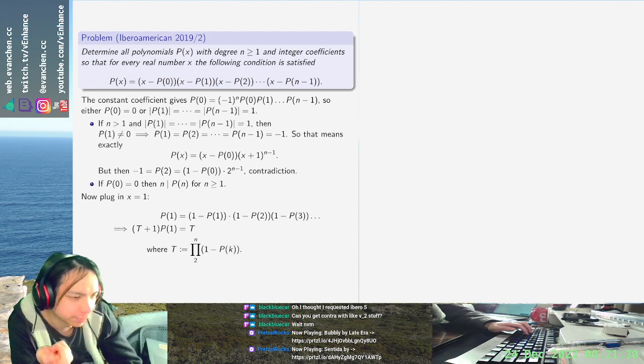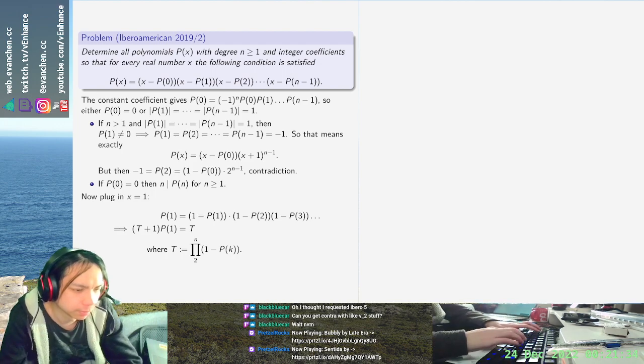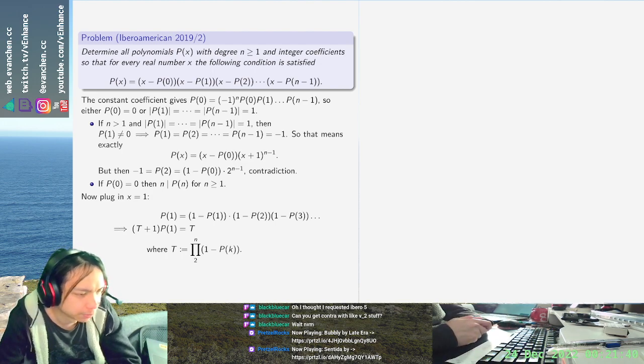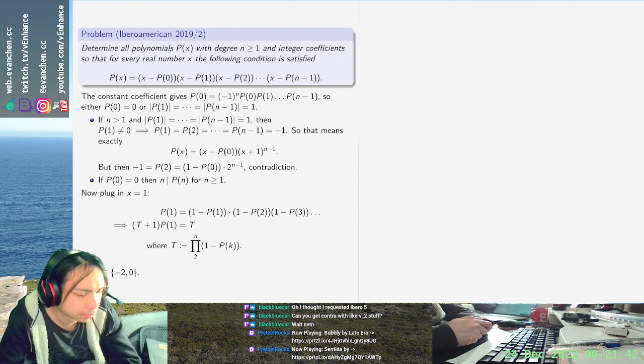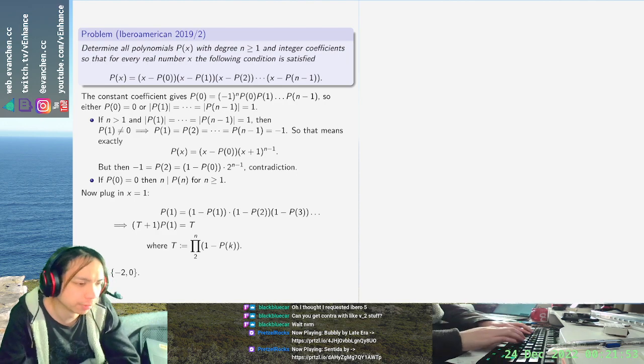So t plus 1 divides t, and that's just never a thing unless t is either 0 or minus 2, I think, are the possible ones. And both of these will constrain the rest of the values of the polynomial a lot.